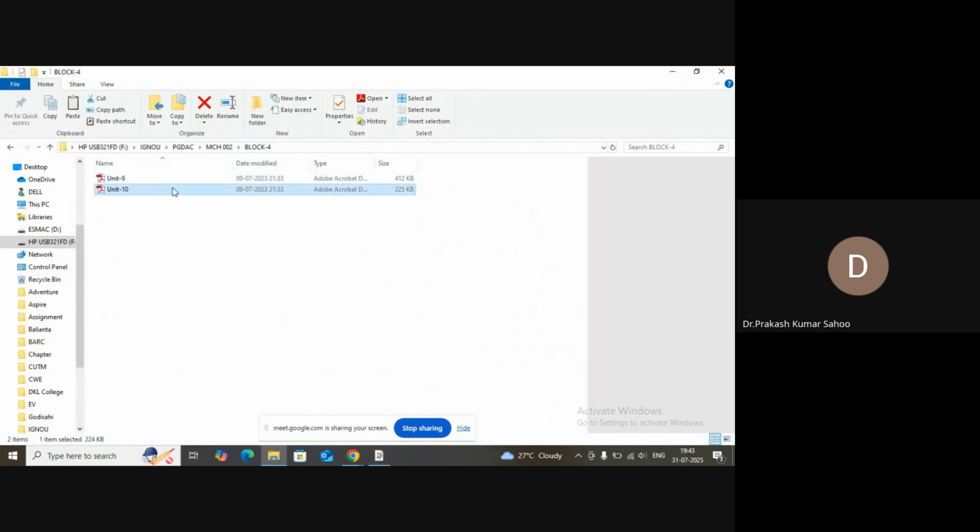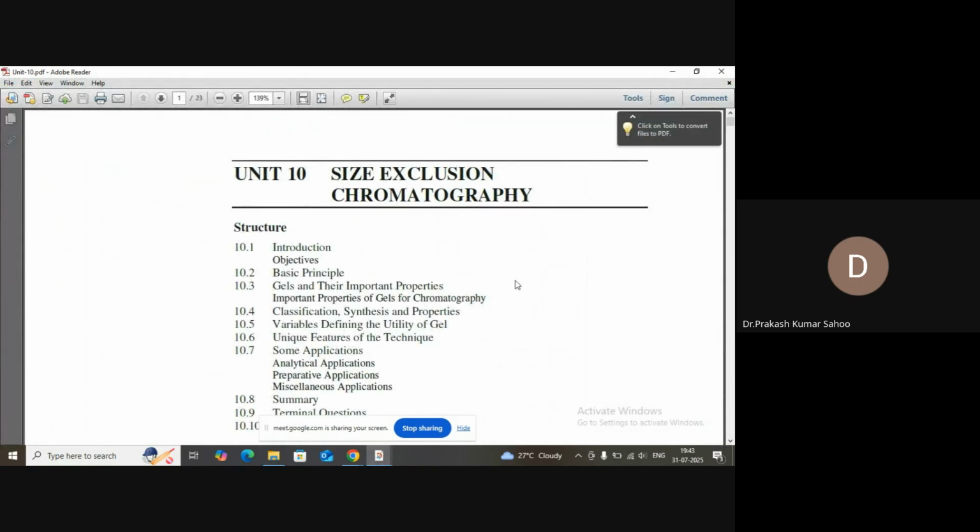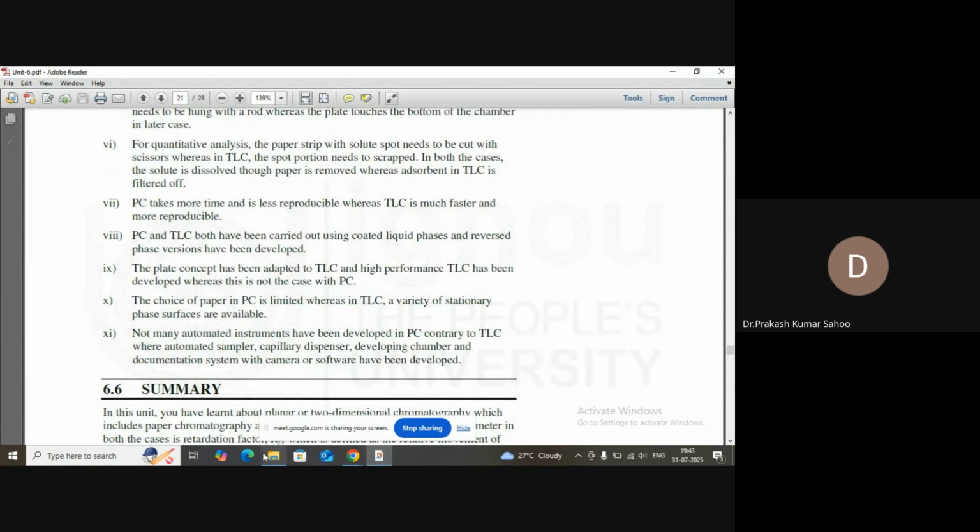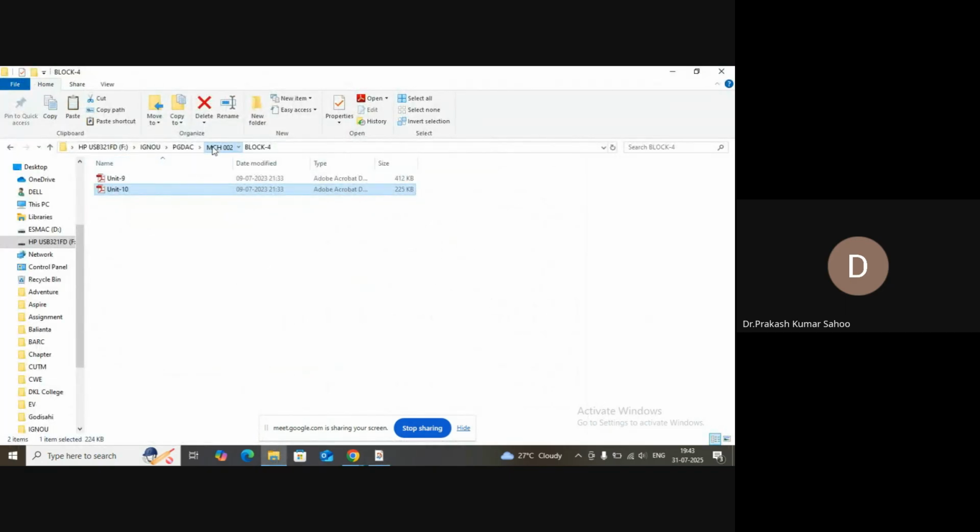Unit 10 is related to size exclusion chromatography, where the particles get separated on the basis of the dimension of size. We have two different things there: gel formation and gel filtration chromatography. We'll discuss in the next classes.